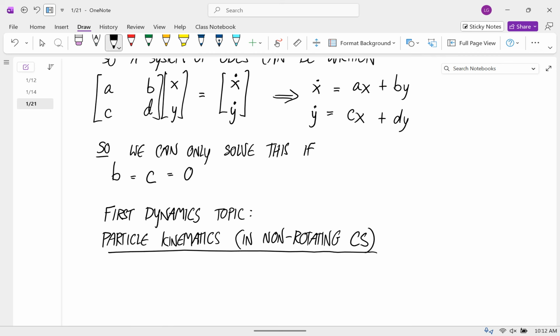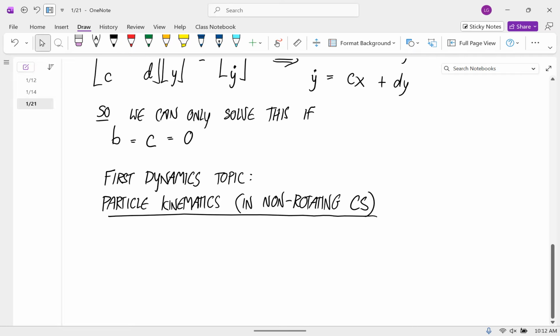Okay, so let's remind ourselves what all this stuff means. So what's a particle?